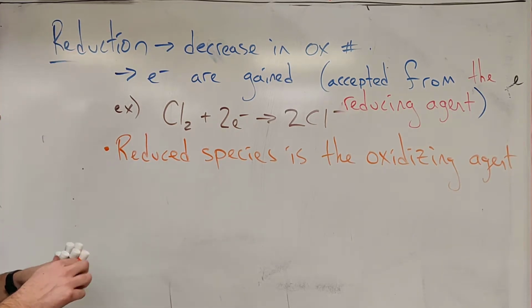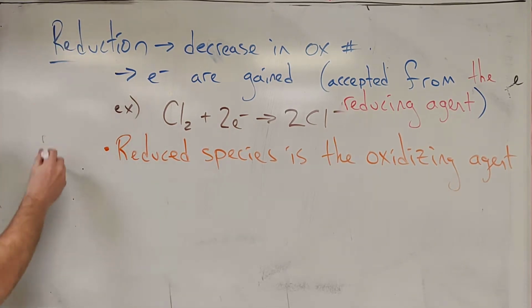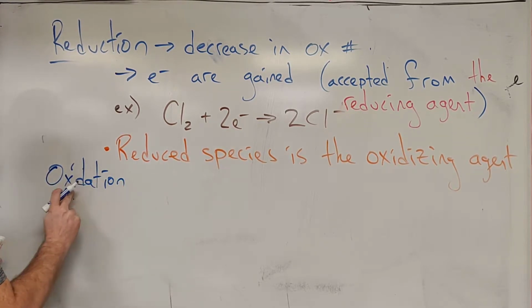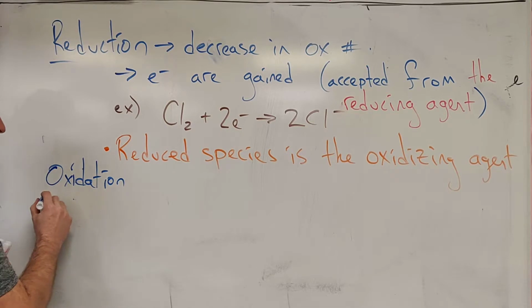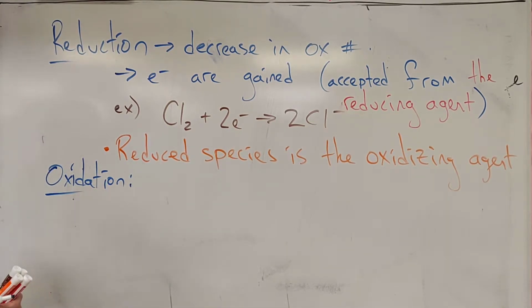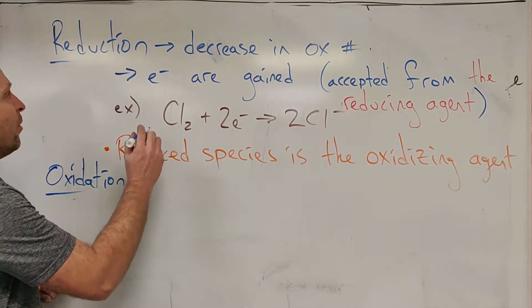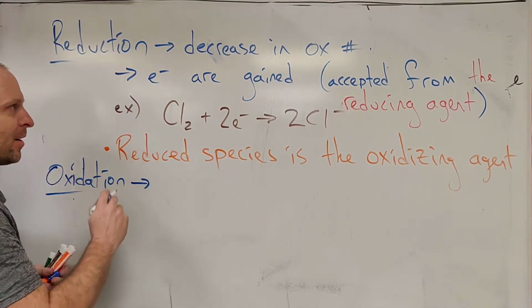So we'll sneak in here, just to match our terminology, oxidation. And again, I don't explicitly memorize that oxidation is an increase in oxidation state. If I can remember reduction, then by process of elimination, I can get oxidation.